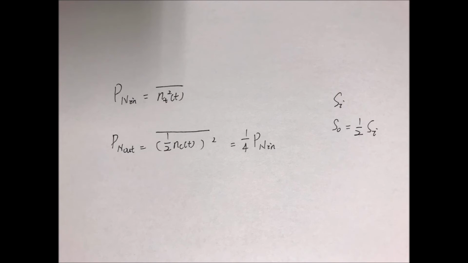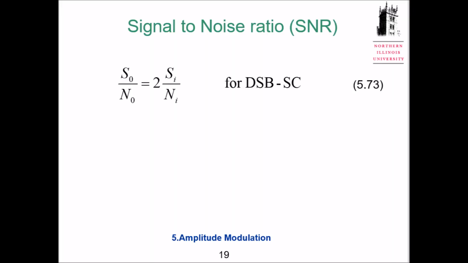So for double sideband suppressed carrier demodulation, this one is to remember. I can increase my signal to noise ratio compared with input by 3 dB, right? 3 dB, so 2 times. So a little bit higher by using double sideband suppressed carrier.